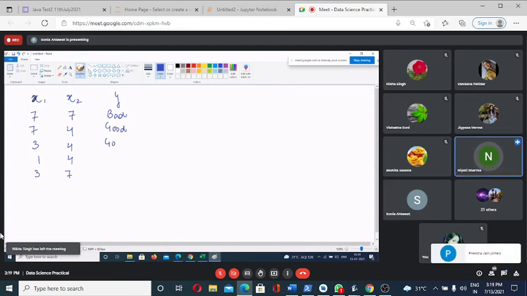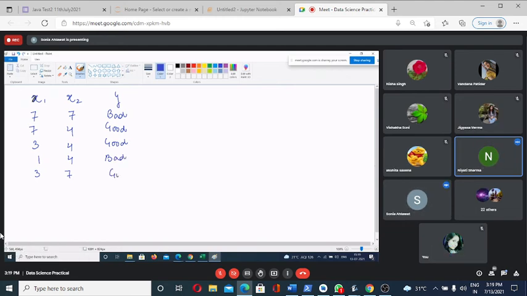Ma'am, values with the same distance will be given the same rank. Exactly. So if I calculate my distance for x1 as 2 and x2 as 5, who will tell me the distance for the first instance? 29.